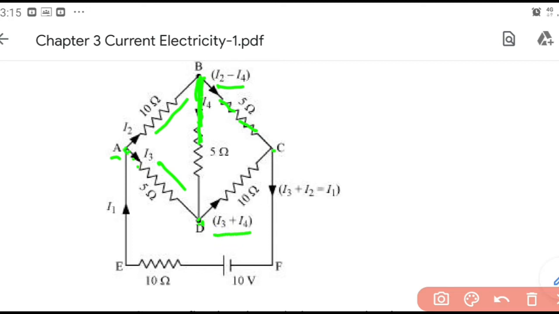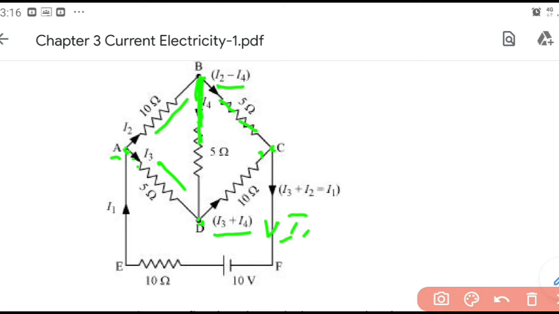Now I2 minus I4 and I3 plus I4 reaching the junction C will again be I2 plus I3, which is I1. So in the external circuit, again it is I1. So this is how we can mark the current through each branch.